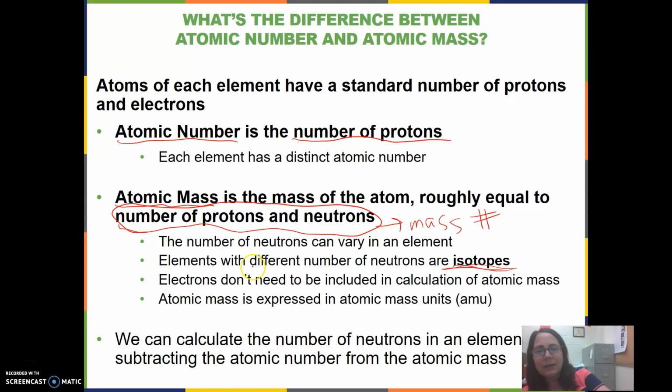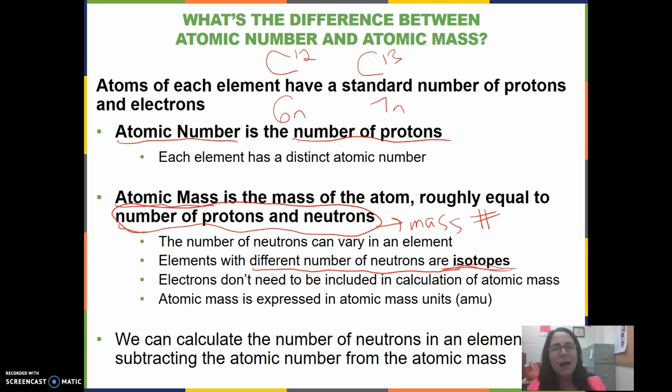So, for example, we'll use carbon. You can have an isotope that contains 6 neutrons, and that's carbon 12. And then you can have carbon 13, which has 7 neutrons, and carbon 14, which has 8 neutrons, but it's still carbon. And all atoms of carbon have 6 protons.